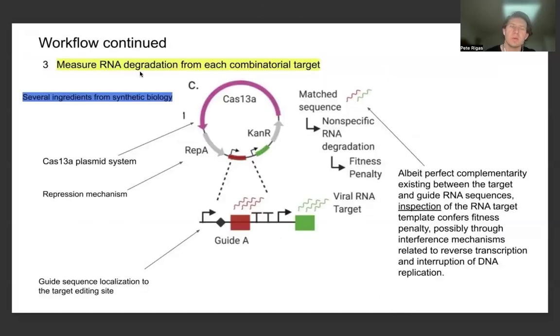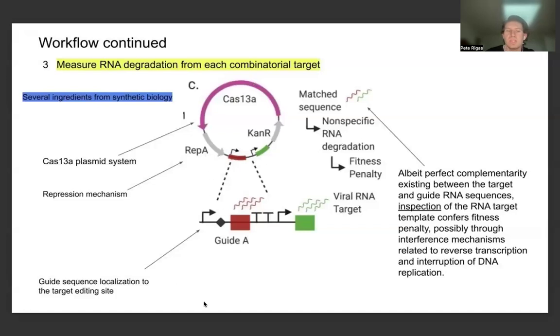And as a continuation of the workflow, we're able to measure RNA degradation from each combinatorial argument or target, in which we have interactions from Cas13a within a small circular piece of DNA.